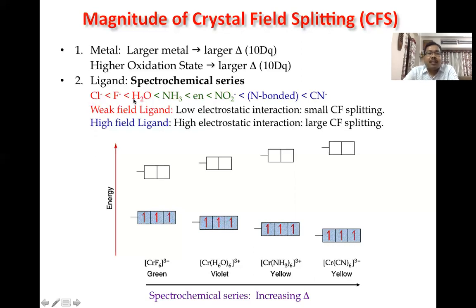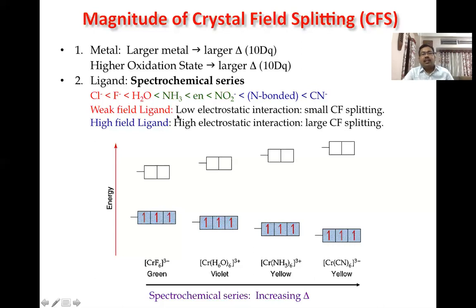You can see that the ligands marked red are relatively weak field ligands, the ones marked green are of middle strength, and the ligands at the extreme right, marked in blue, are strong field ligands.